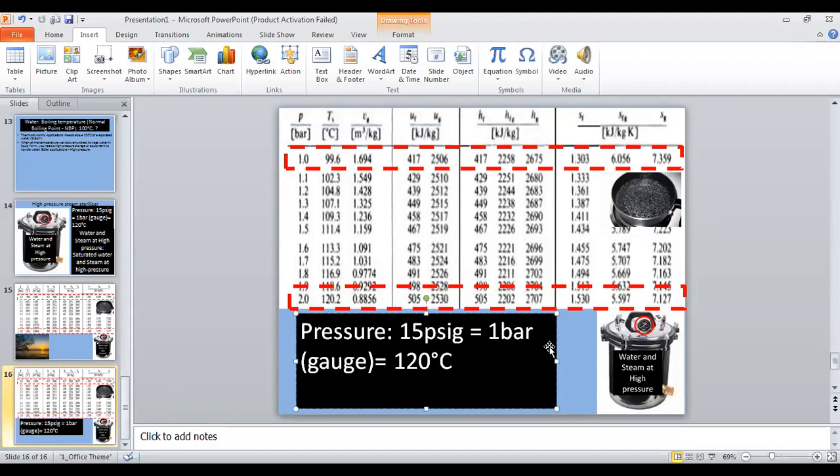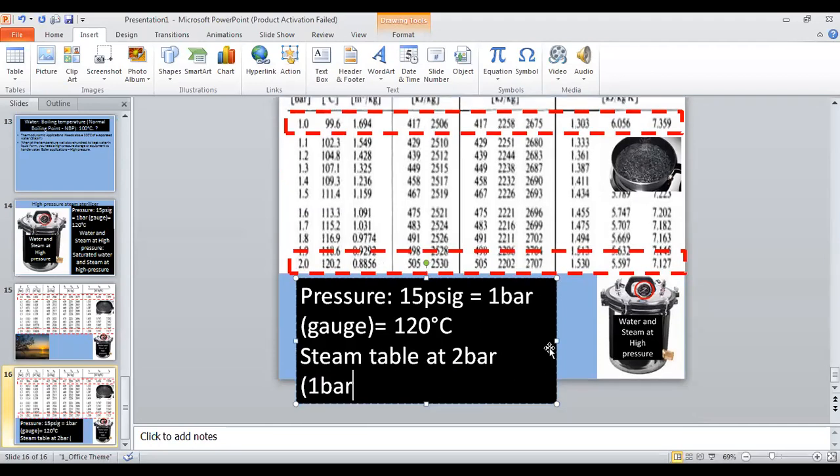But at steam table, at 2 bar, 2 bar means 1 bar gauge plus 1 bar atmospheric.